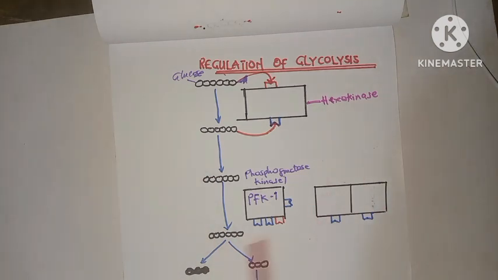This step of converting fructose 6 phosphate to fructose 1,6 bisphosphate is the most highly regulated step in glycolysis.